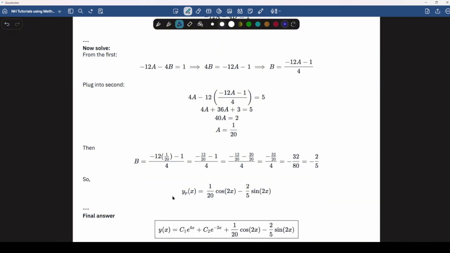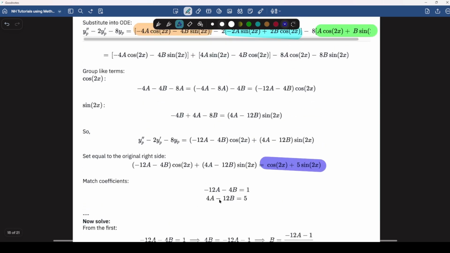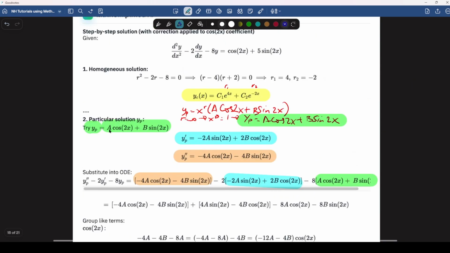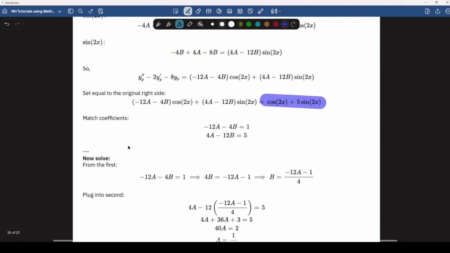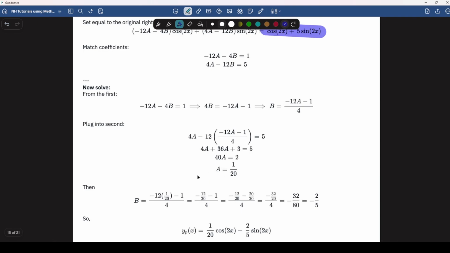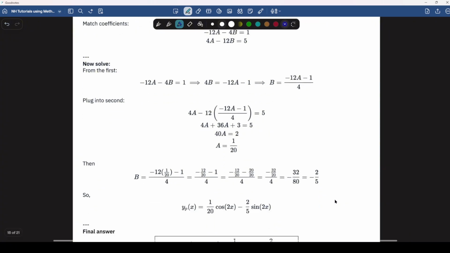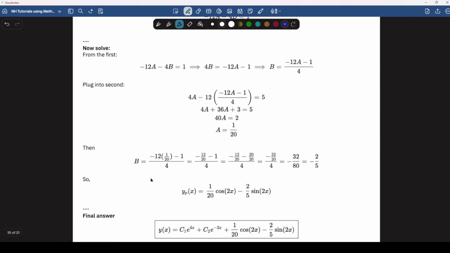So our yp was written in the beginning as a cos 2x plus b sin 2x. What is the value of a? A is 1 over 20, sorry, and then b is negative 2 over 5, which is what we have here. So this is now our yp.